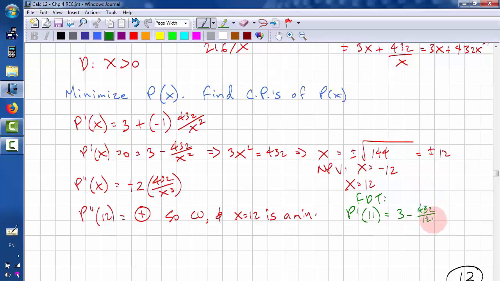That's smaller than 144, so this number is going to be bigger than 3. So this is less than 0. P prime of 13 equals 3 minus 432 over 169. This is bigger than 144, so this is going to be smaller than 3. So this is going to be greater than 0. And that shows the minimum.